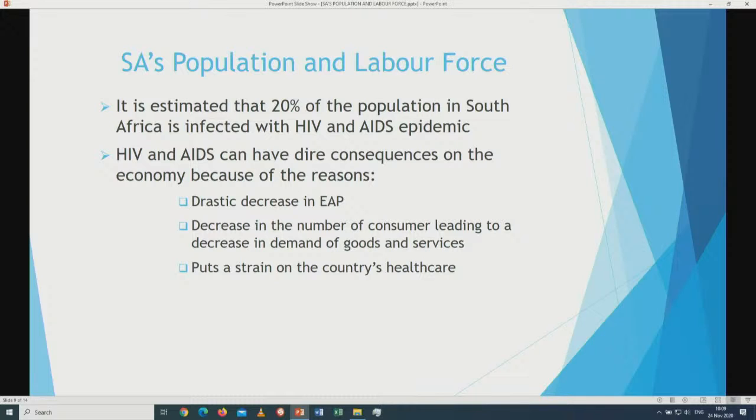HIV can put strain on the country's healthcare. Like we've seen what coronavirus is doing now. It has put quite a lot of strain on the country's healthcare.